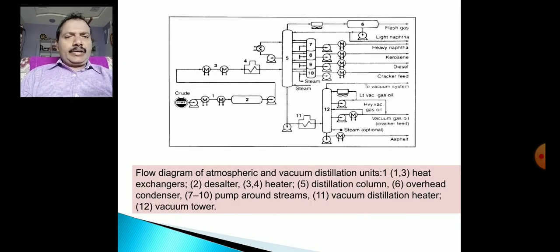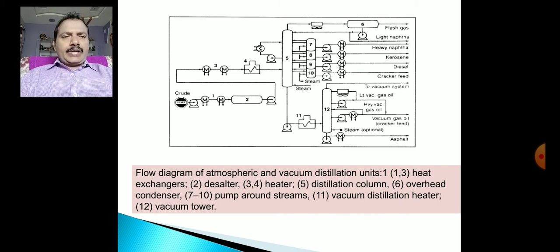And if you see, there are different units here. Units 1 and 3 are heat exchangers, 2 is the desalter, and 3 and 4 are the heaters.